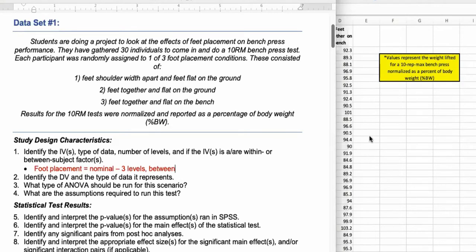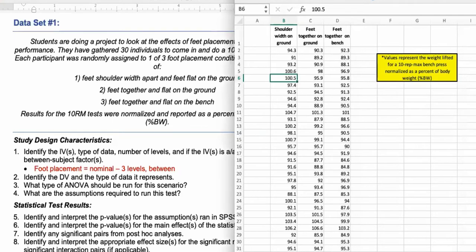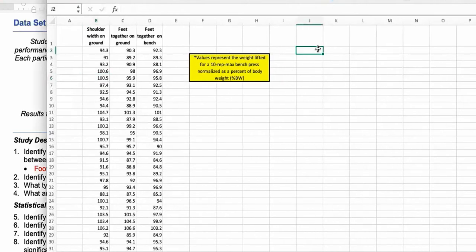Okay, so that means when we're in our data set, what we would have to do, and I'll make this a little bit bigger so I can see what's happening, is make a legend, right? One for each of the foot placement conditions. So you could fill those in there, right? And then when you organize your data, you would have a column for the foot placement group people were in, and then their 10 RM percent body weight, like weight they were able to lift, right?